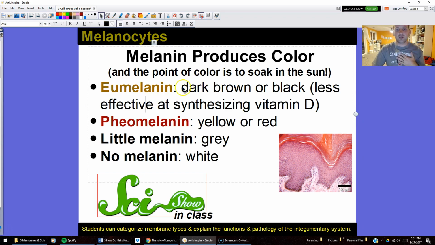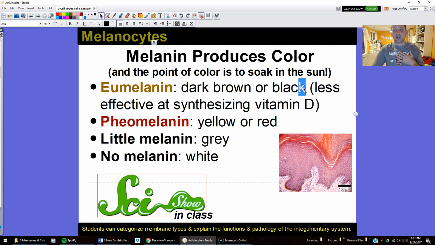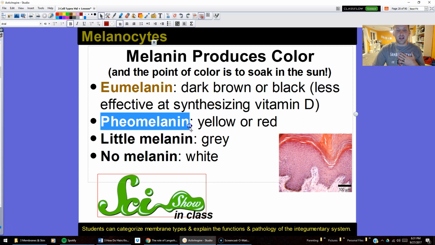Eumelanin in the skin will produce a darker brown or black skin, which is a lot more effective at something and a lot less effective at something else. Pheomelanin in the hair produces yellow or red, but there's more pheomelanin in the skin that expresses the white pigmentation that I have. They are flipped from eumelanin. They are good at one thing and bad at the other. So they're kind of opposites in a way.